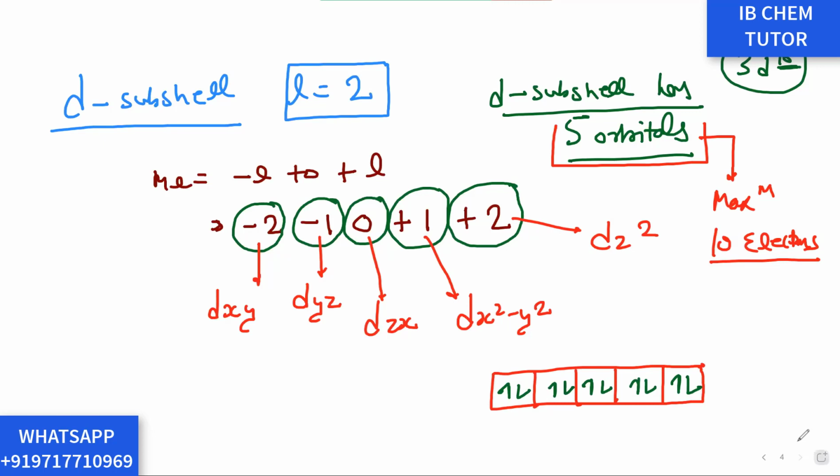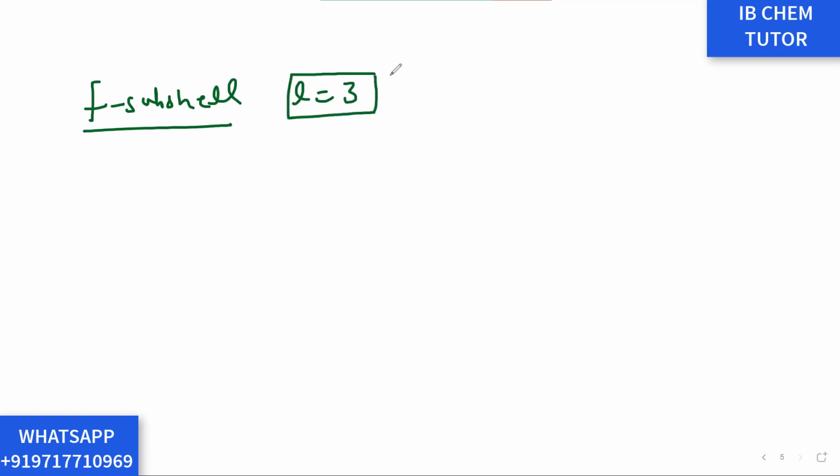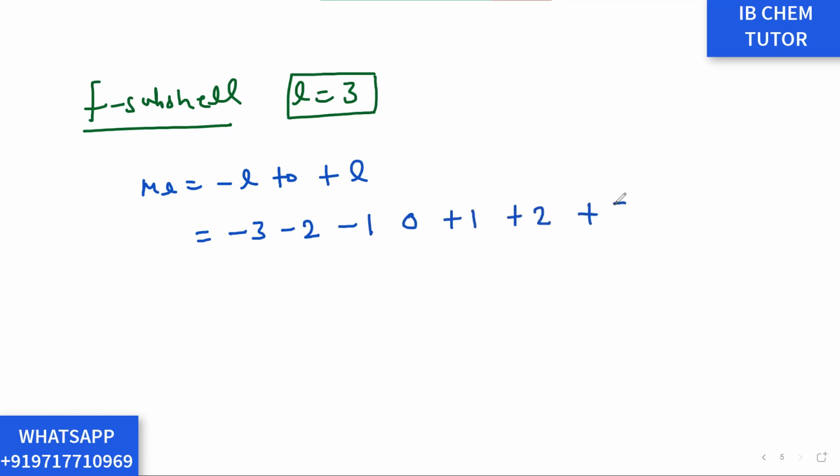So now we will come to F subshell. For F subshell, the value of L is 3, right? Very simple. Now we will apply the formula. The formula here is ML equals minus L to plus L. So this will be minus 3, minus 2, minus 1, 0, plus 1, plus 2, and plus 3.